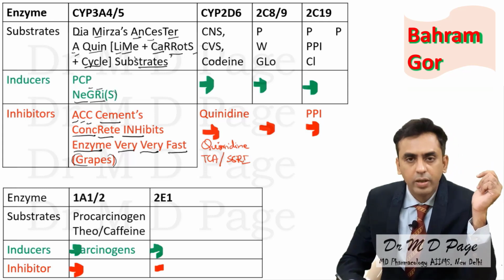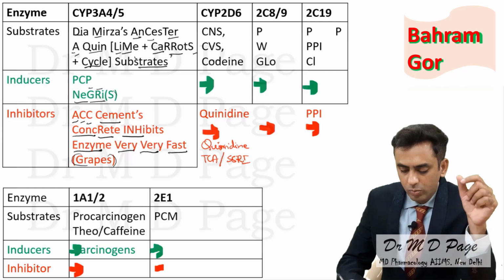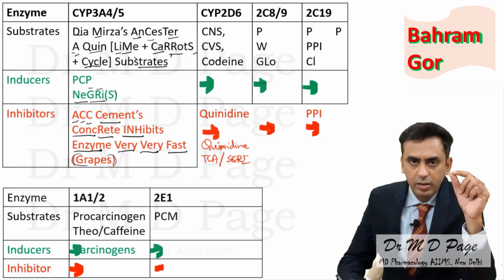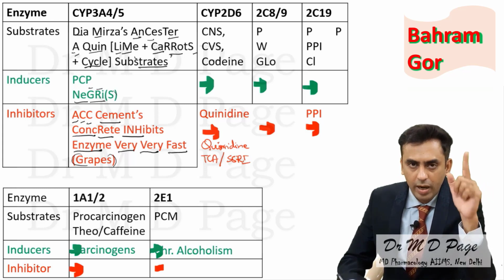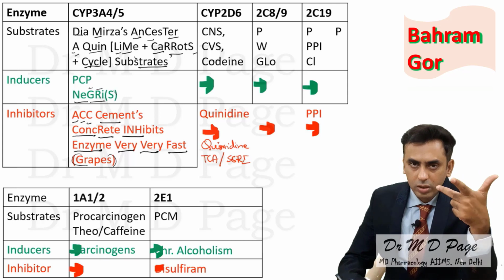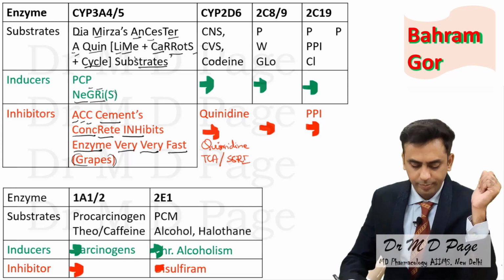Okay, now 2E1. In 2E1, one thing which you have to remember was paracetamol. It was getting metabolized by 2E1 to NAPQI, and the inducer was chronic alcoholism, and inhibitor was disulfiram. And you can remember 2 more substrates of this 2E1, and that is alcohol and halothane. Okay.